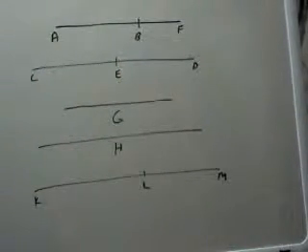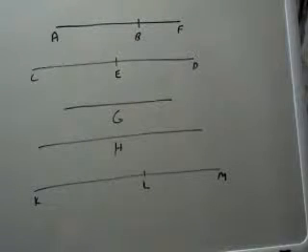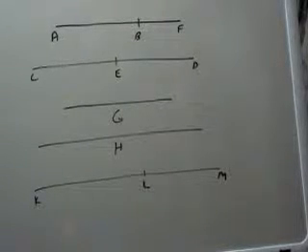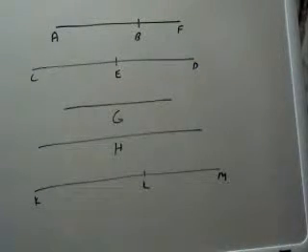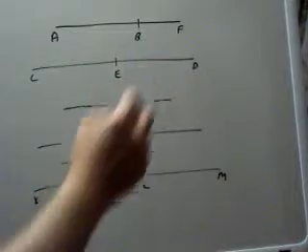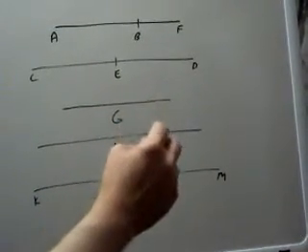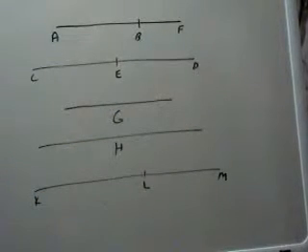Let the terms CE and ED of the binomial straight line be commensurable with the terms AF and FB. So, in other words, CE is going to be commensurable with AF, and ED is going to be commensurable with FB. Okay?